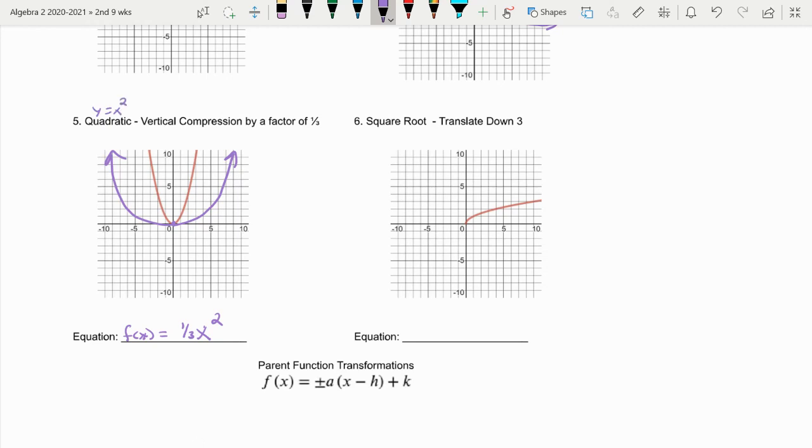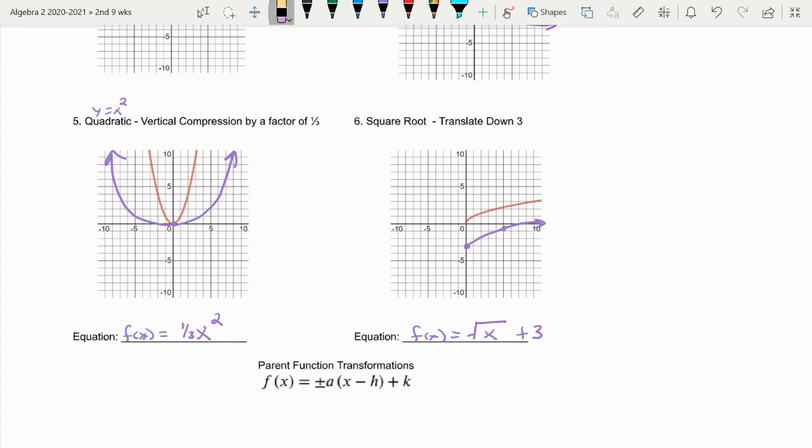All right, for quadratic. So this tells us, if we know the parent function for quadratic is x squared. Now we have the square root translated down 3. So all I'm going to do is count 3 down, 1, 2, and 3. All right, and it goes off this way. And then this is going to be f of x equals the square root of x. Now, since it moved down 3, you got to be very careful here to make sure we put minus 3 outside of the function.